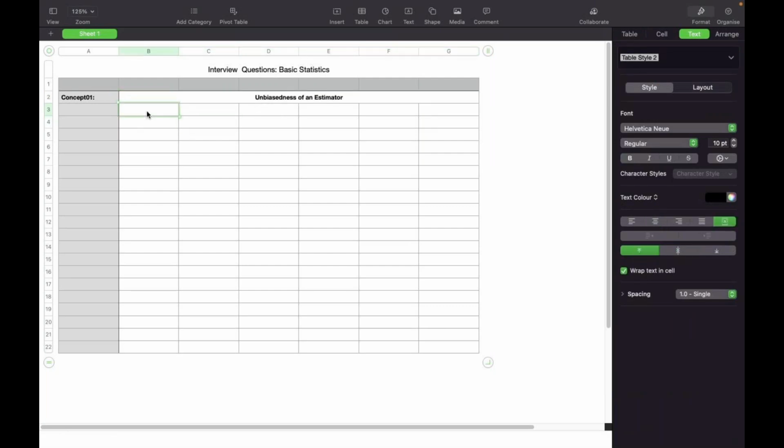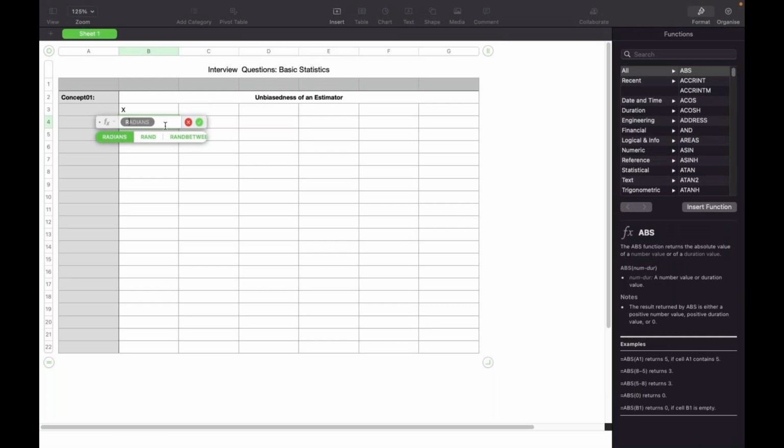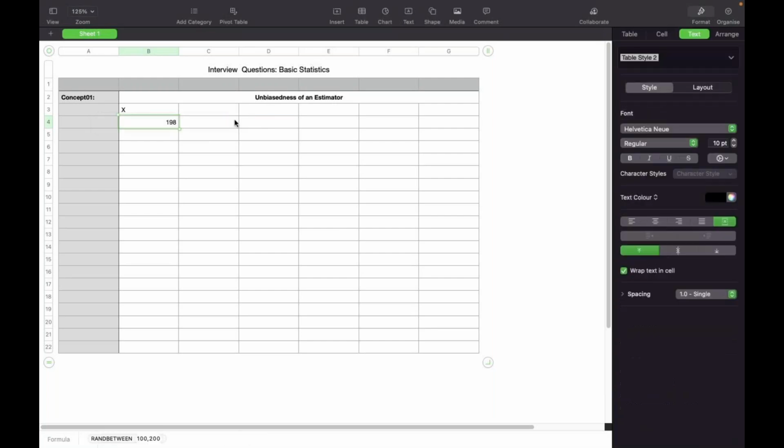Now let us say that I have a data variable x with me, right? And I'm generating numbers between say 100 and 200, and I'm just putting it across.